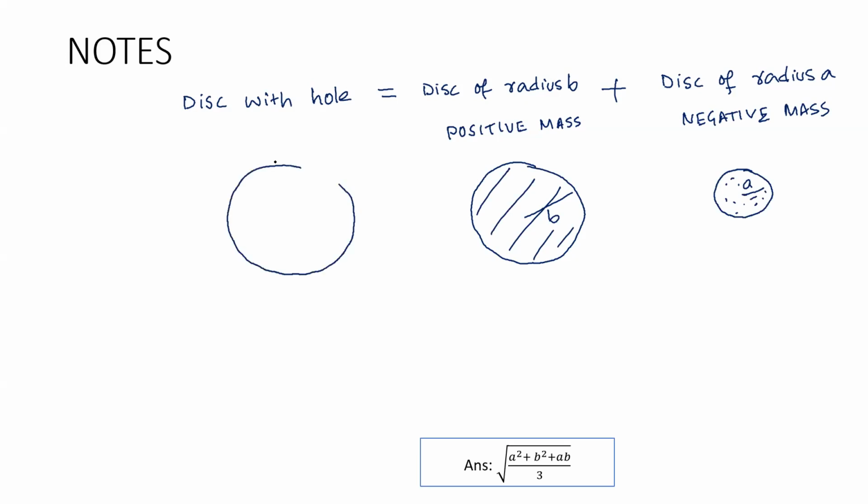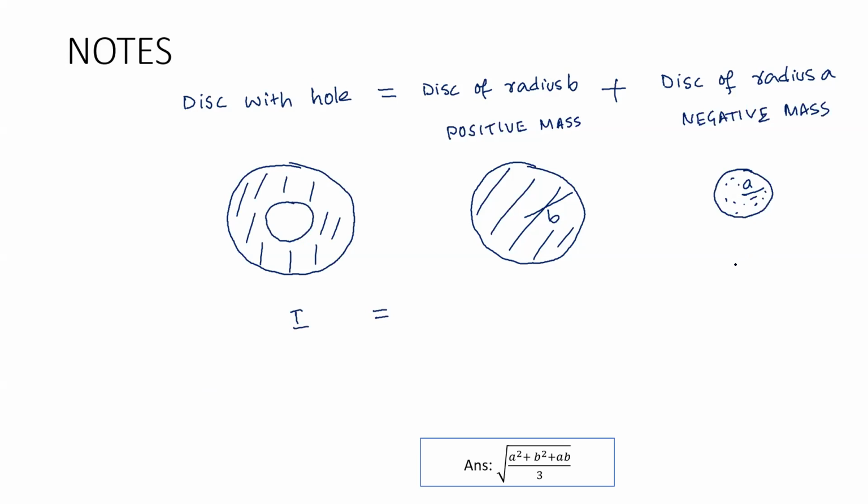Again, to explain the concept I'm taking time, but if you get the idea, getting the answer is pretty straightforward. Now, the moment of inertia of this is basically the moment of inertia of this disk plus the moment of inertia of this disk, because you are rotating about the same axis.